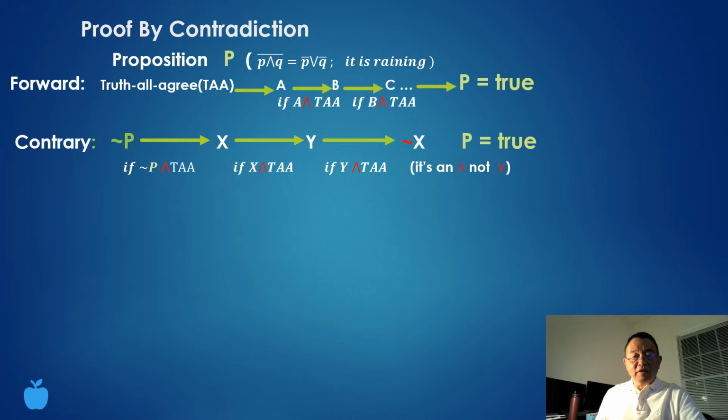Here we have X. If not X comes out, we're done, because this means a contradiction is observed, so we can conclude the proposition is true. That's what is meant by proof by contradiction. Once again, proof by contradiction derives step by step from the contrary.